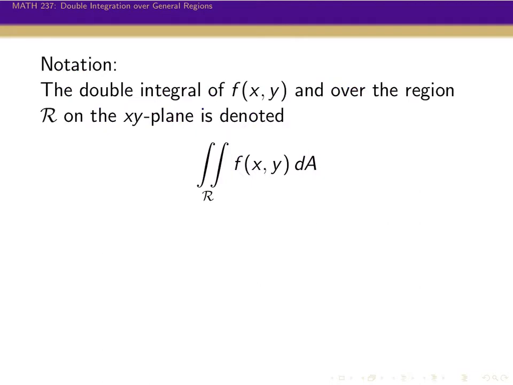We're talking today about double integrals over some region R on the xy plane. R is some region.